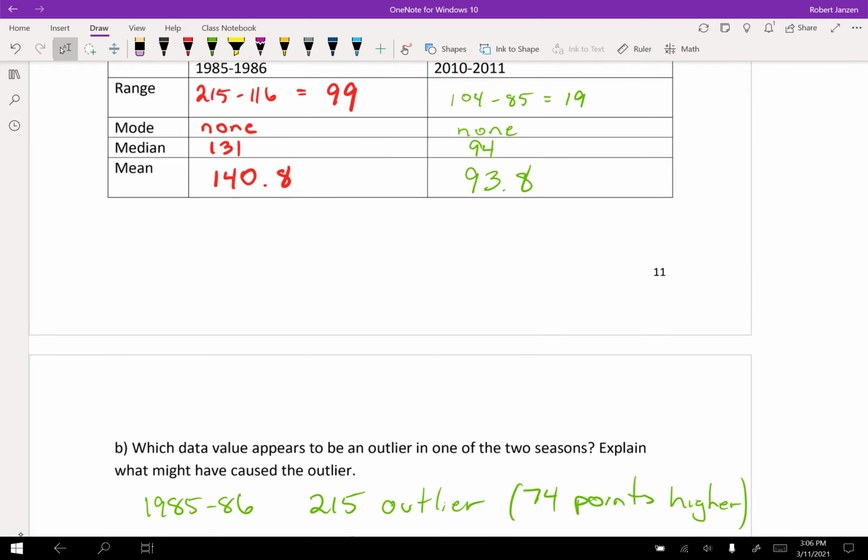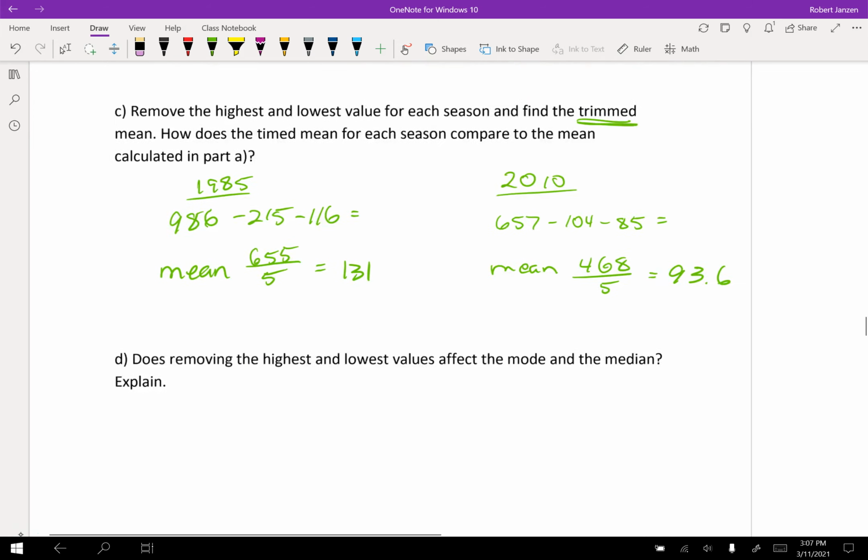And if you look at that, that's really no different. Okay, so this is why sometimes we want to trim the data to find the average. We want to get rid of those outliers that don't really make sense when you're considering the average.